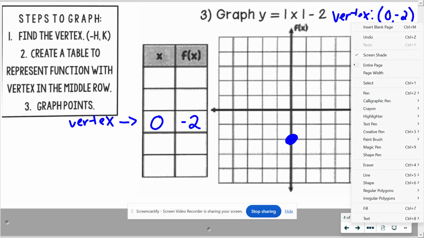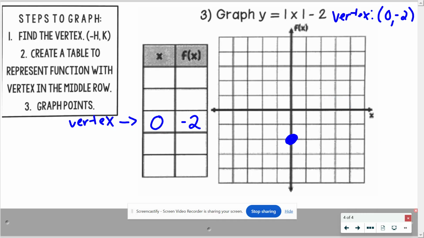Now we're going to choose a couple x values that are smaller than the x value of our vertex, and choose a couple x values bigger than the x value of our vertex. So smaller, we'd go like -1, -2, and we can plug them in. If we substitute -2 into our absolute value function, the absolute value of -2 is 2, and then 2 minus 2 is 0.